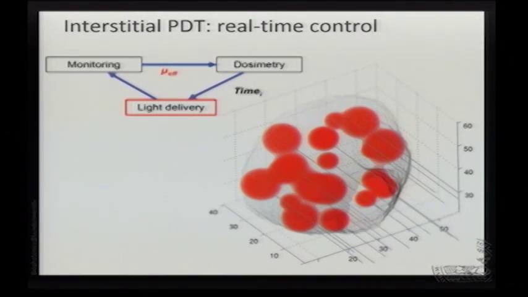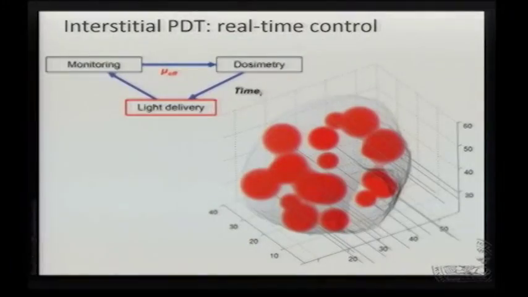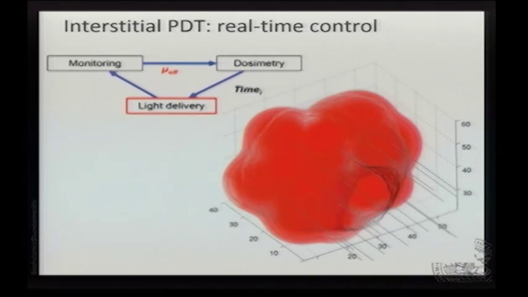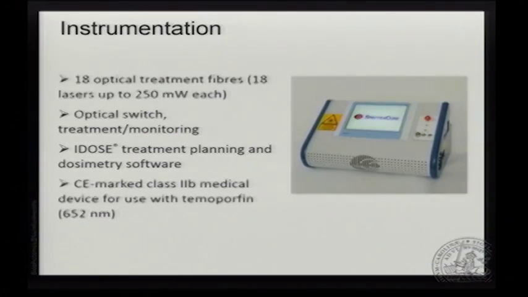Then you go back, stop, and do some more monitoring, seeing if you're photobleaching, how quickly you're photobleaching the dye, and whether you have any changes in oxyhemoglobin and light penetration, and so on, and update the dosimetry. Then you continue, doing that a number of times until you think you're done and have treated the entire volume without treating the organs at risk nearby.